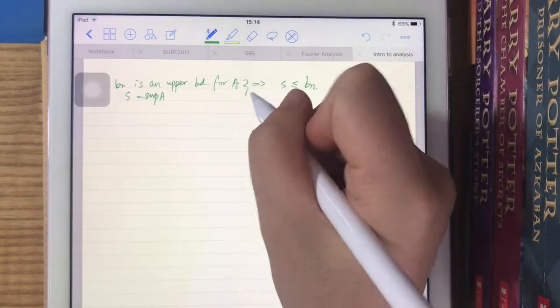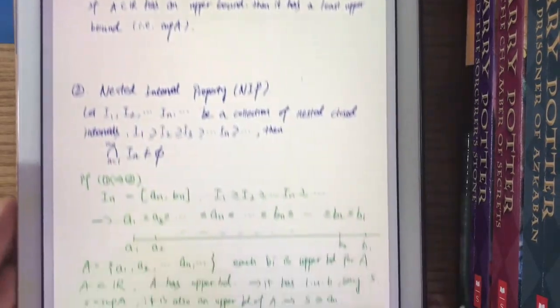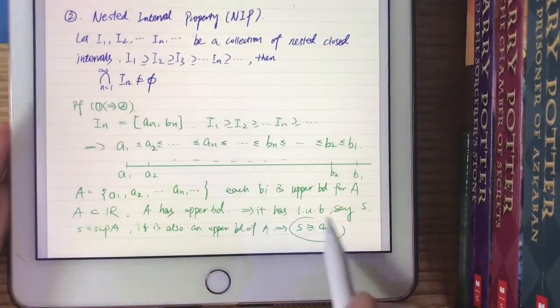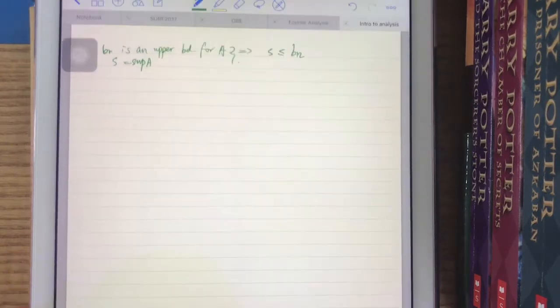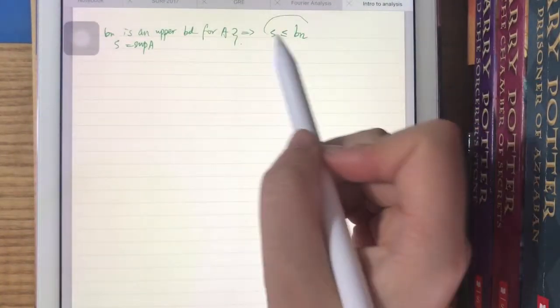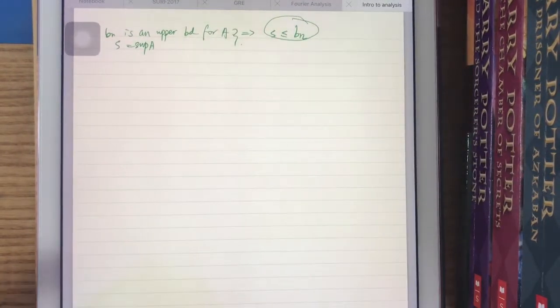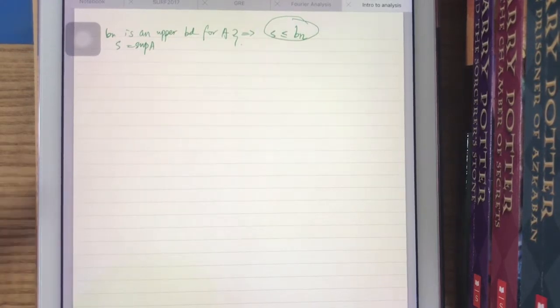So we know that S is larger than An, and also we know S is smaller than Bn, and here n doesn't only mean one specific number, n means for all n, right?